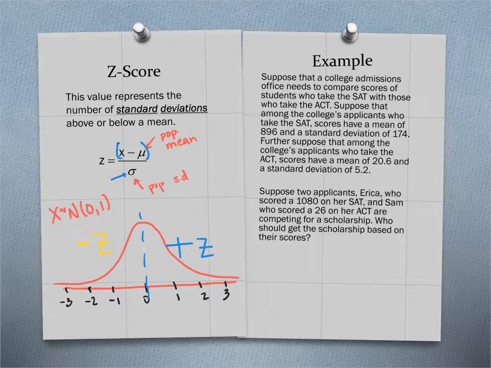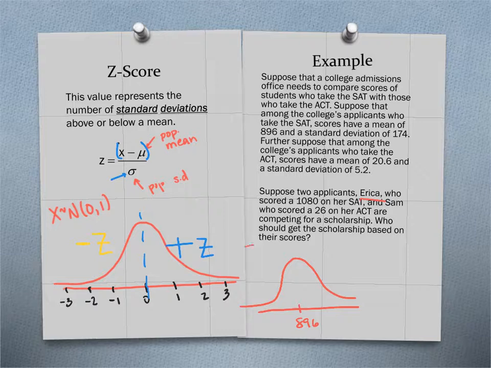Because we have two different distributions with two different means and standard deviations, it's harder for us to compare. We're going to draw a curve here. So let's draw a curve for Erica and for Sam. For Erica, who took the SAT, her curve looks like this. The curve of the SAT scores has a mean of 896.